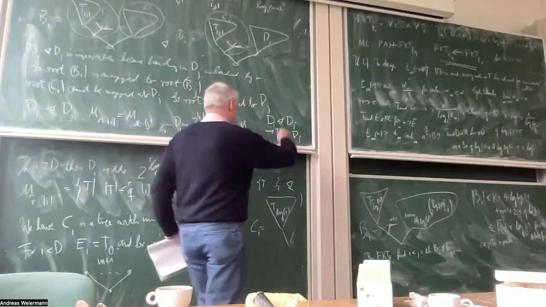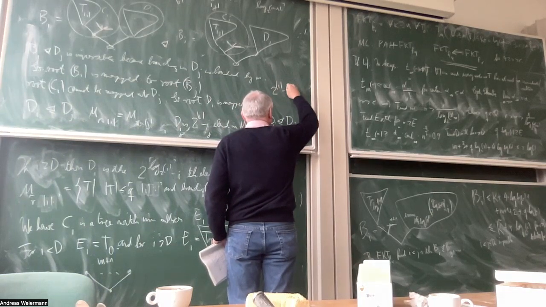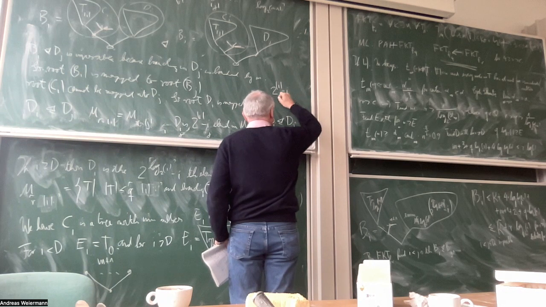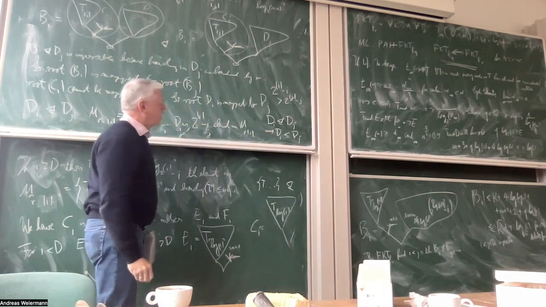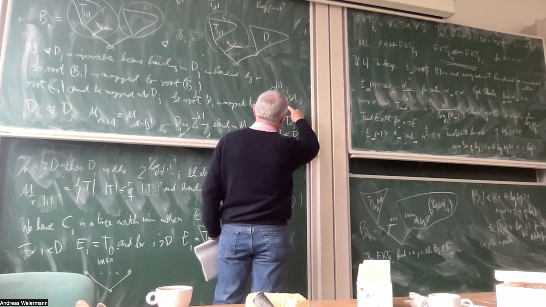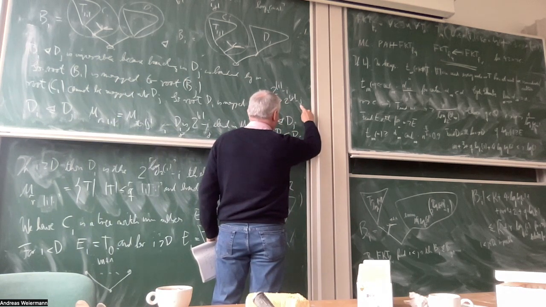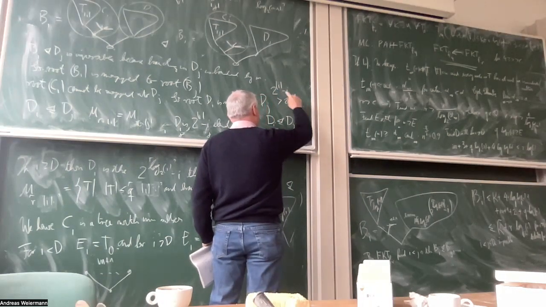So i minus i, j was bigger. Length of i, length of j. So in the enumeration, what's going to happen? dj is smaller than di, this element comes before this element.